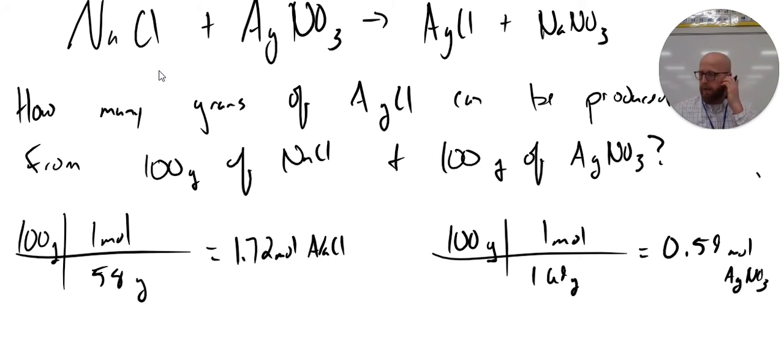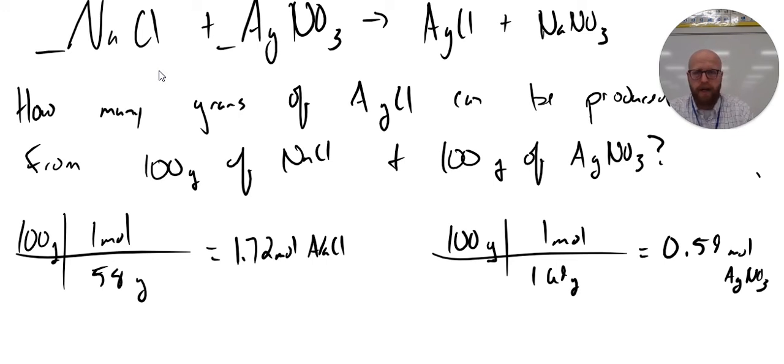Now that I'm in moles, I can compare. Even though I had 100 grams of both of these chemicals, I have very differing mole amounts. I have more than 3 times as many moles of sodium chloride as I do moles of silver nitrate. Now, my mole ratio is 1-to-1, actually 1-to-1 all the way across.